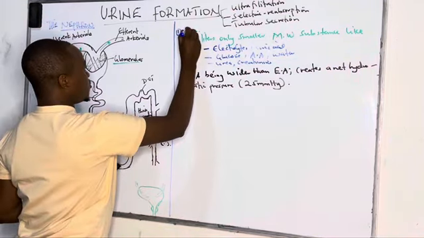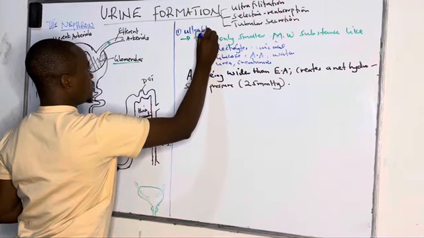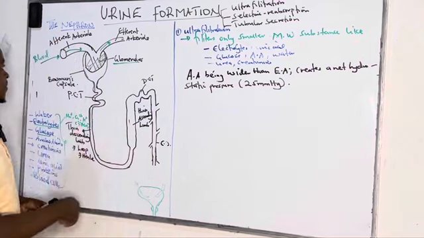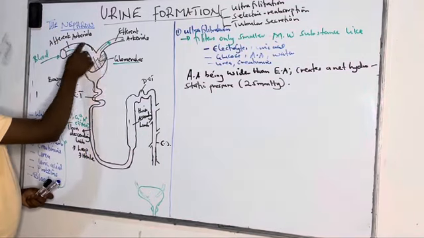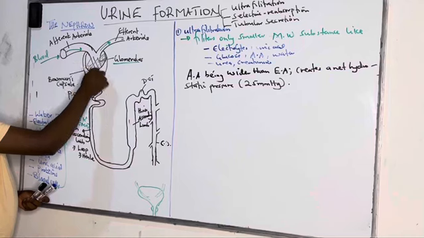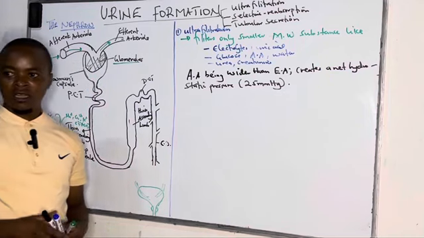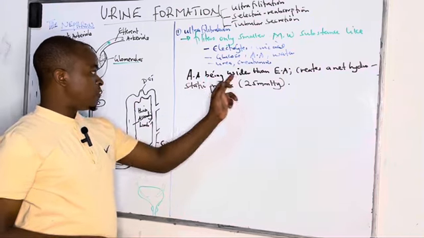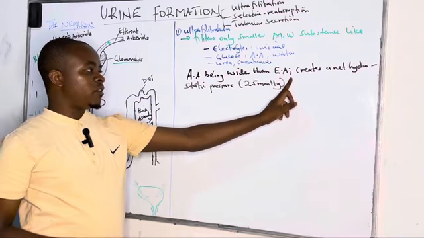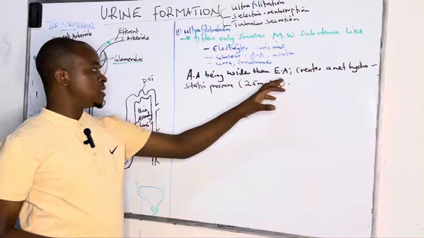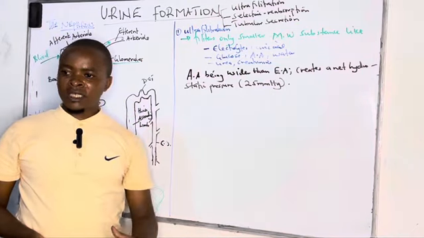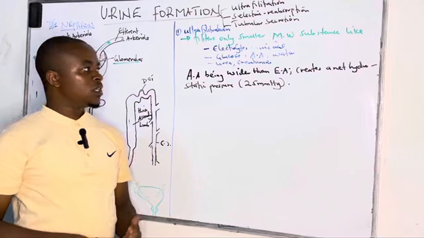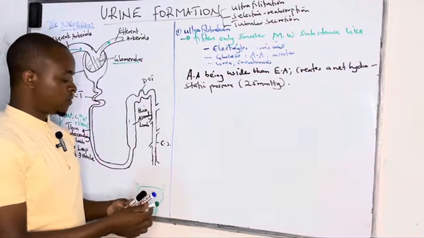So we have begun with ultra or simple filtration, and we are saying simple filtration occurs in the Bowman's capsule. The whole of this is the Bowman's capsule where ultrafiltration or filtration under pressure occurs. And what creates pressure is that the afferent arteriole being wider than the efferent, together with plasma proteins and water in the blood, creates a net hydrostatic pressure.